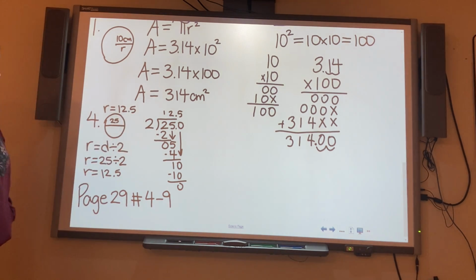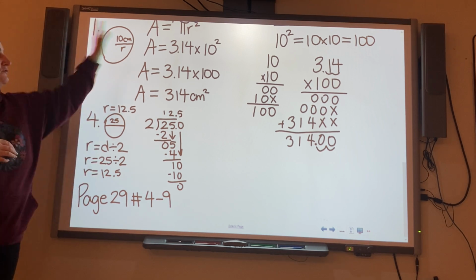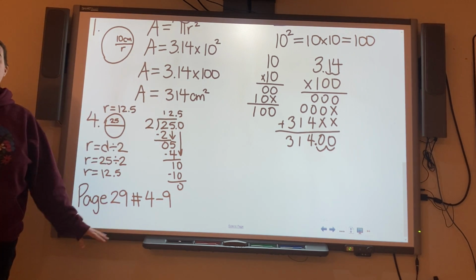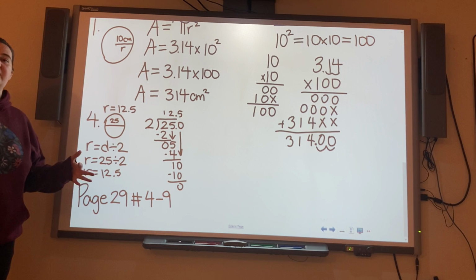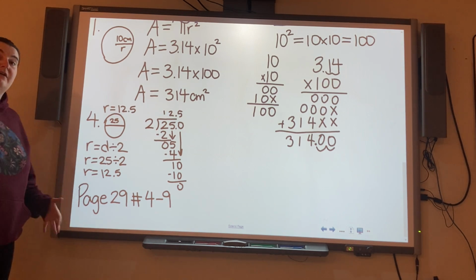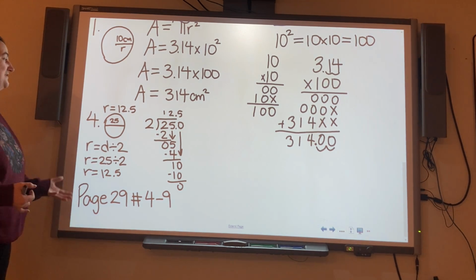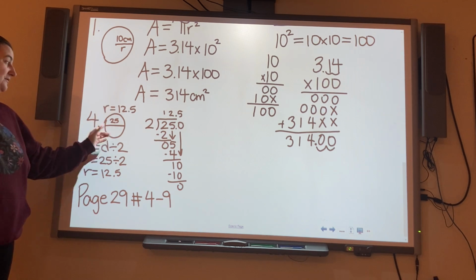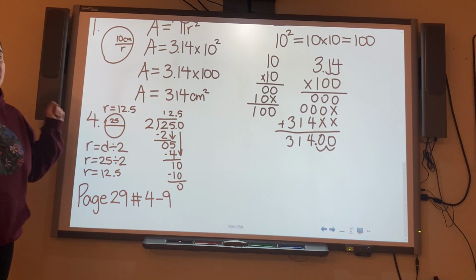So that means on number 4 and number 5, you have to divide that by 2 before you can do the rest of your stuff. You cannot use the formula that has an R if you don't know how much the R is. So you've got to divide by 2 if you have a diameter that goes all the way across.